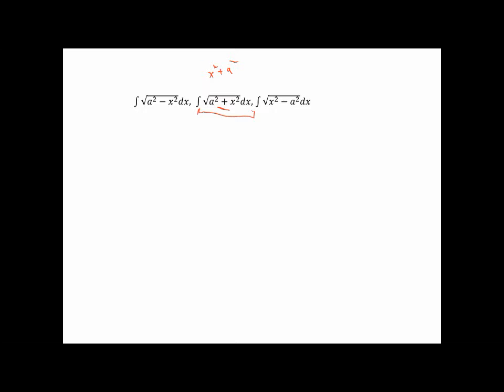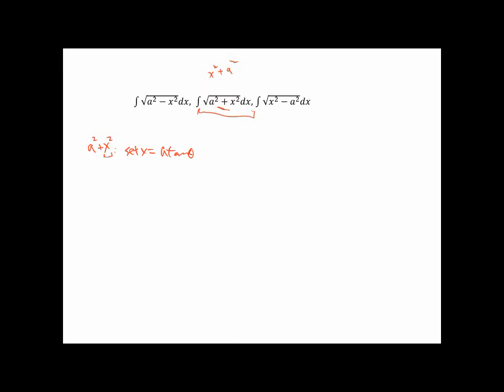Okay, so when you see this, you understand x equals a times tangent theta. We want to make sure here is a single x, but if x is multiplied by a constant, we want to rewrite it in another way, which was mentioned in the previous video.